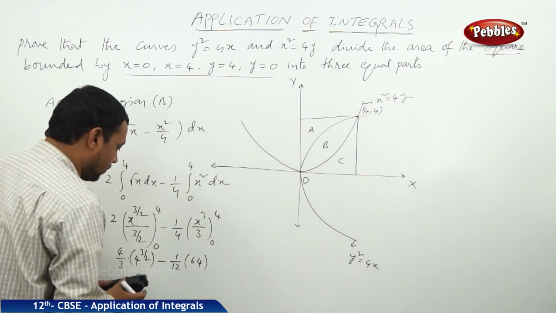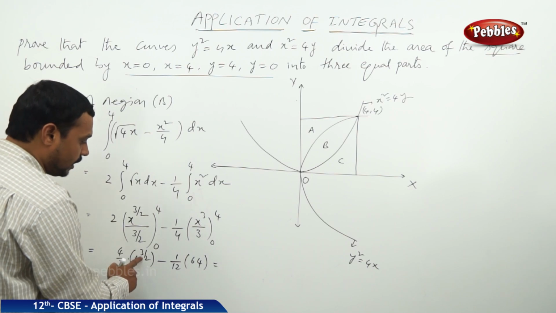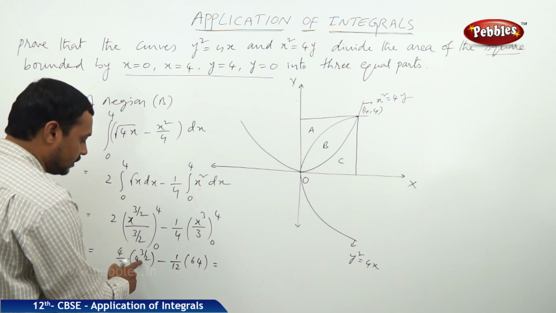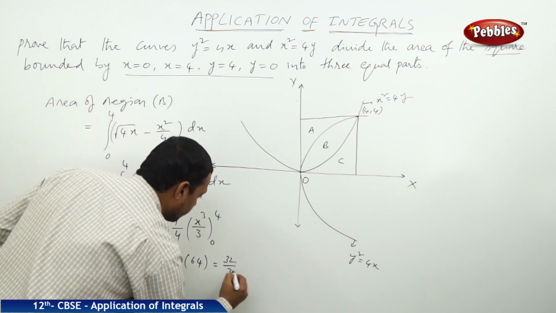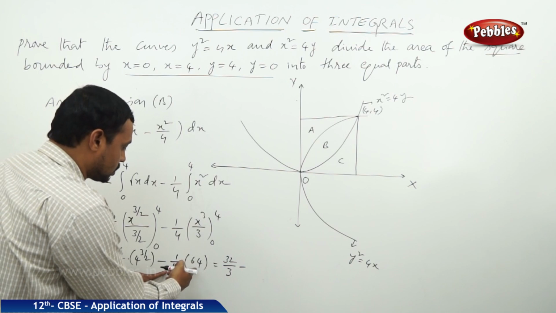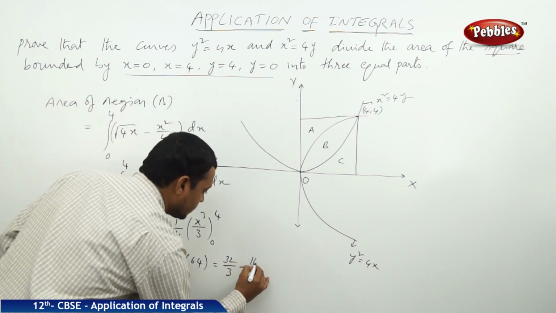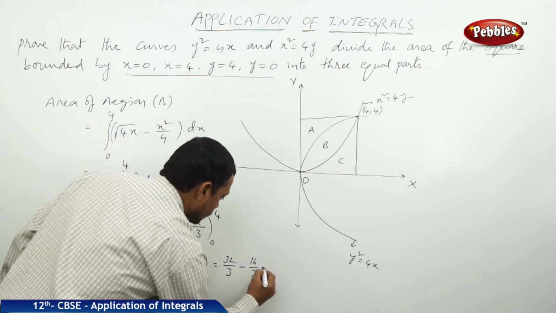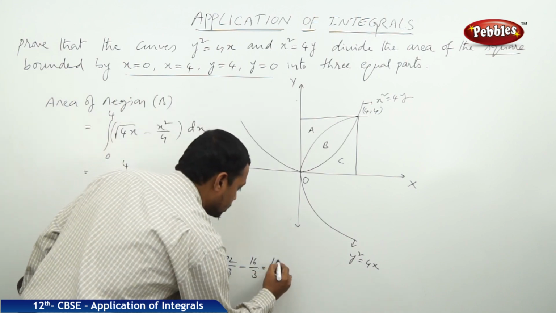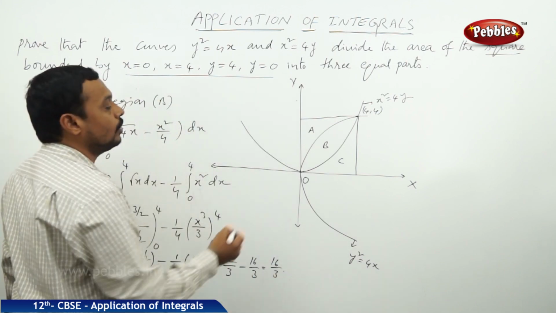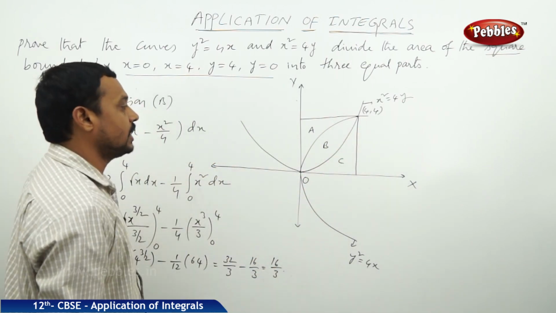Now, on simplification, 4 power 3 by 2 is equal to 2 square whole power 3 by 2, that is 2 cube, 8. 8 into 4, 32. 32 by 3 minus 64 by 12. Now, here also 4 table gets cancelled, 16 times, in denominator 3 times. So, 32 by 3 minus 16 by 3 is equal to 16 by 3 square units. Therefore, the area of the region B is also 16 by 3.